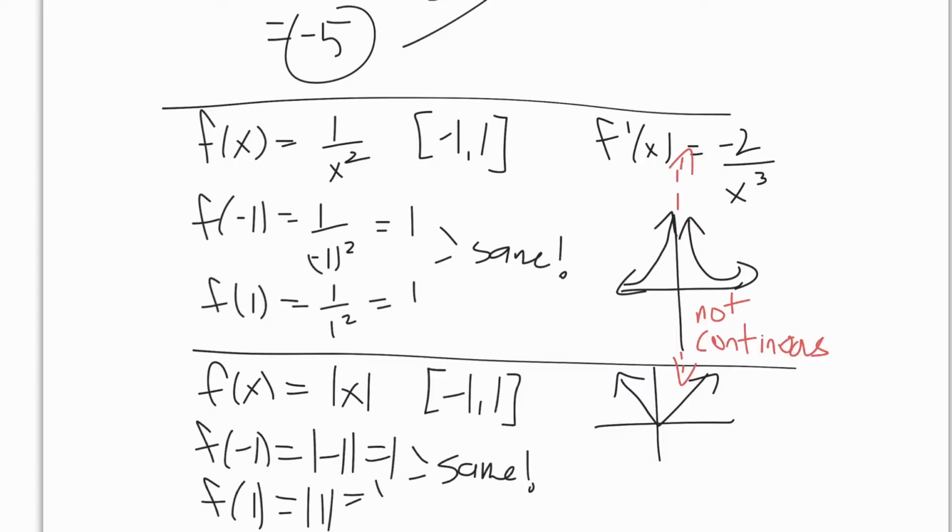And this graph, it's got that point where the derivative is not defined. And so this is not differentiable. But if you look back, and you can try on Desmos, if you look at the original 5 functions, not only were the endpoints the same, but they were also continuous and differentiable. They were connected and they were smooth.